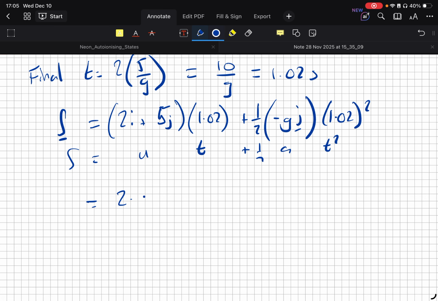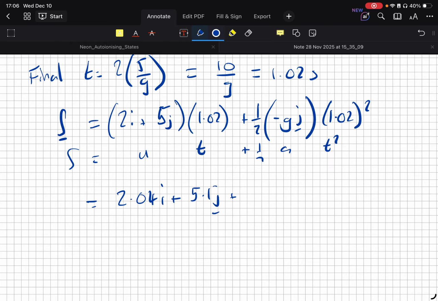We're going to get 2.04i plus 5.1j, and then we're going to get a half g times 1.02 squared. So when I multiply all of that out, what am I going to get? Well, I get 4.9 times 1.02 squared. 1.02 squared, just typing that into my calculator, is 1.04.